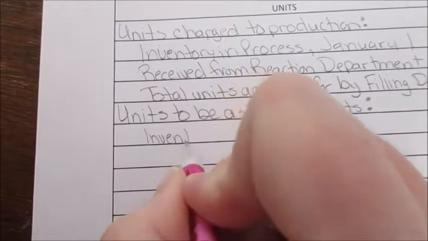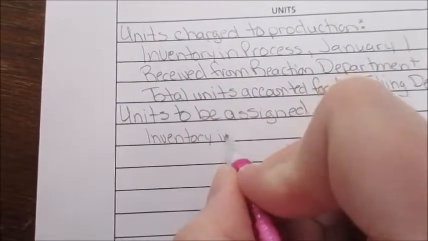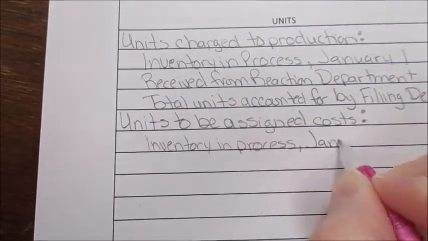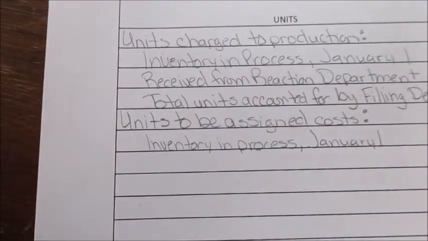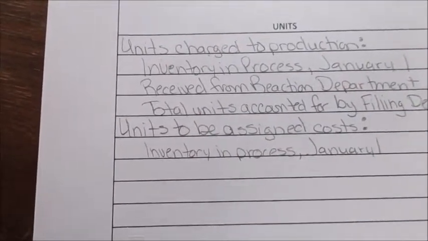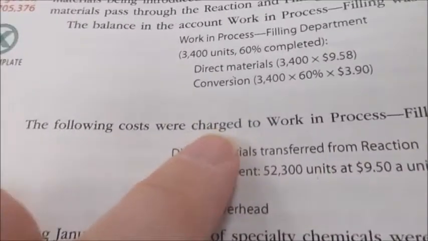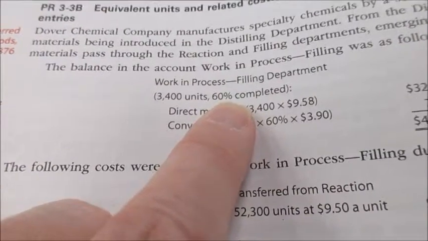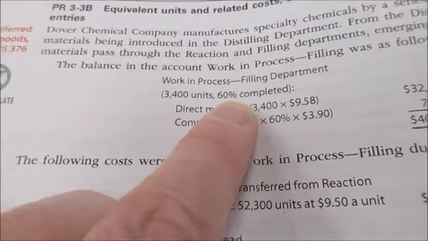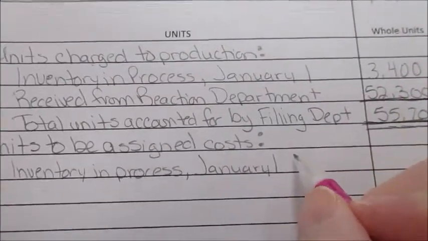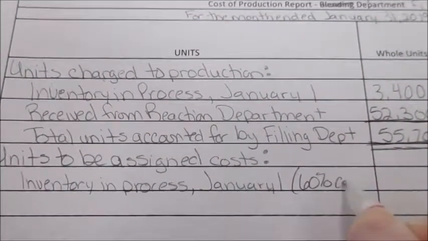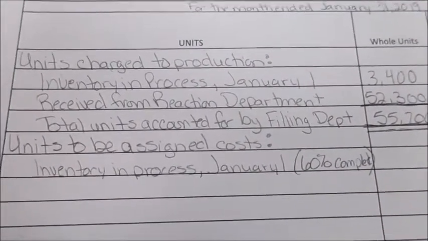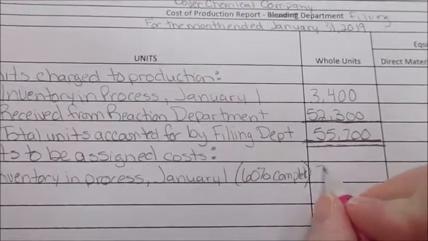So our inventory in process on January 1st. Our book tells us that our inventory in process on January 1st was 3,400 units and they were 60% complete. So in our report, we're going to put 60% complete right here. We're going to keep track of that. Now, our whole units is 3,400.